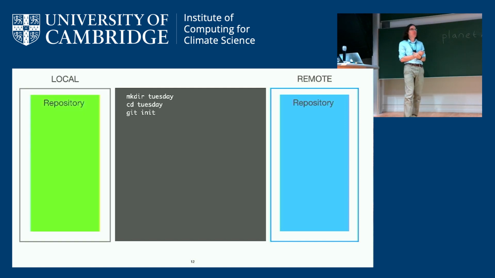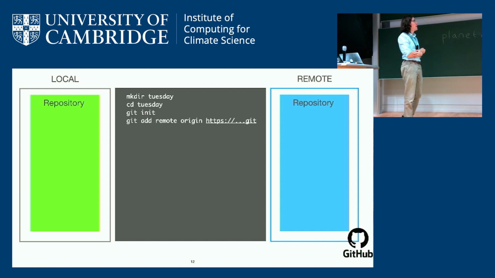And then I could connect that to a remote repository by creating one on GitHub, like we had before, and then adding this connection between the two on the local side by this command, git add remote origin, and then the web address. That's a way of telling the local, okay, your remote repository is this one over here on GitHub, and origin is just the name of that remote repository from the perspective of the local.